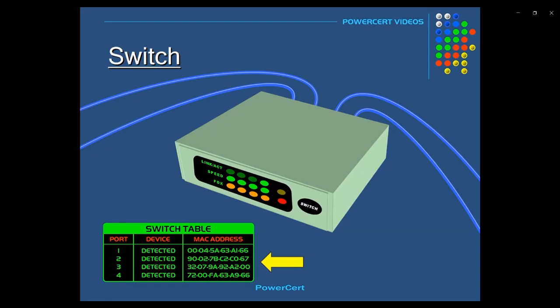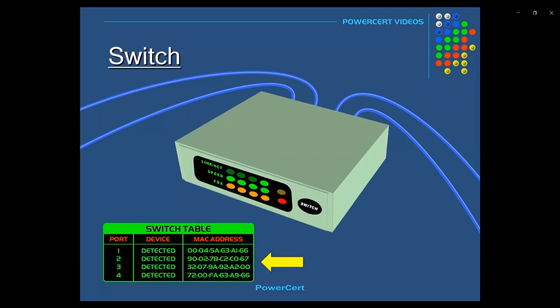But anyway, all these devices are functioning in layer 2 according to the OSI model, because we have learned the OSI model. According to the OSI model and also the TCP/IP model, these devices are functioning in layer 2, that means the data link and the physical layer.